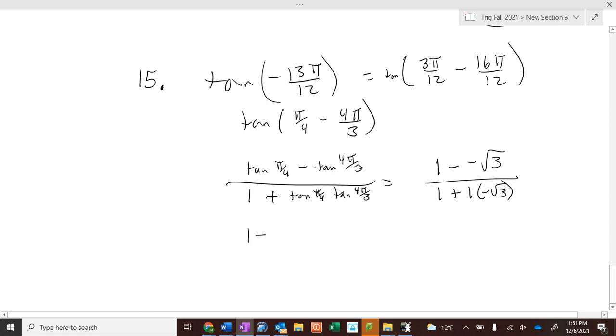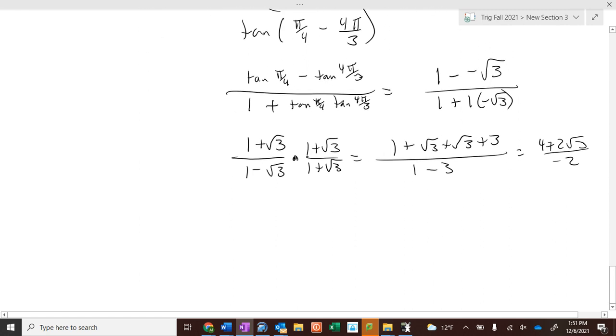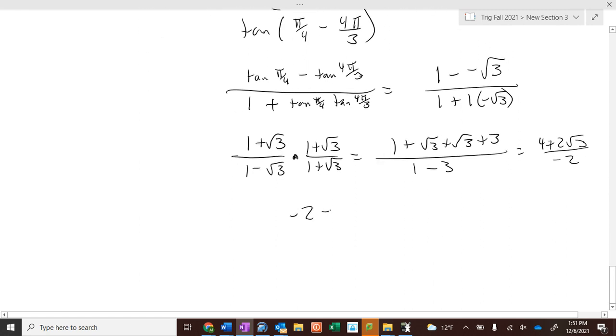So I have 1 plus the square root of 3 over 1 minus the square root of 3. What do we do top and bottom? Multiply by the conjugate of the denominator, 1 plus square root of 3. So you get 1 plus square root of 3 plus square root of 3 plus 3 over 1 minus 3, which gives you 4 plus 2 square root of 3 over negative 2, which is negative 2 minus square root of 3.